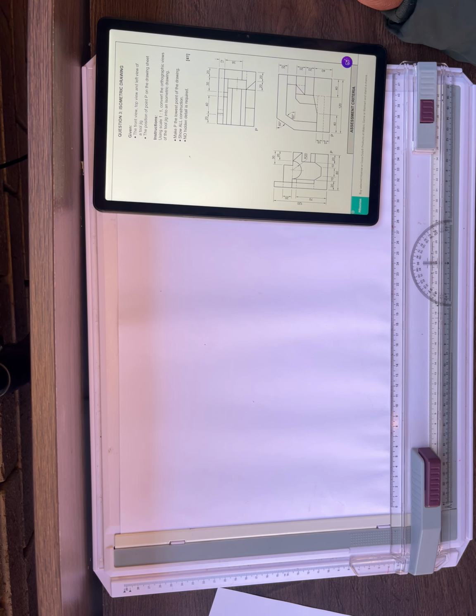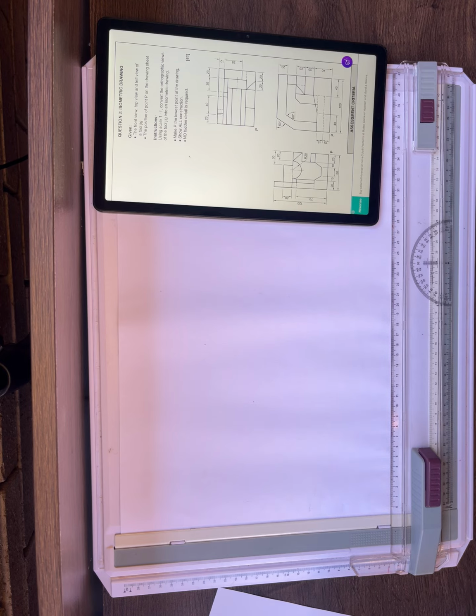This one represents the front view, then this one is the top view, and then the left view is on the left. Remember, in paper 2 all the drawings are drawn in third angle orthographic projection, right? So which means this one is the left, front, and the top.